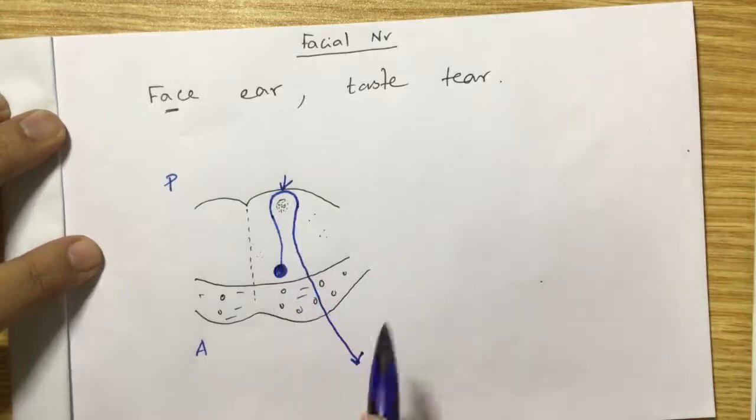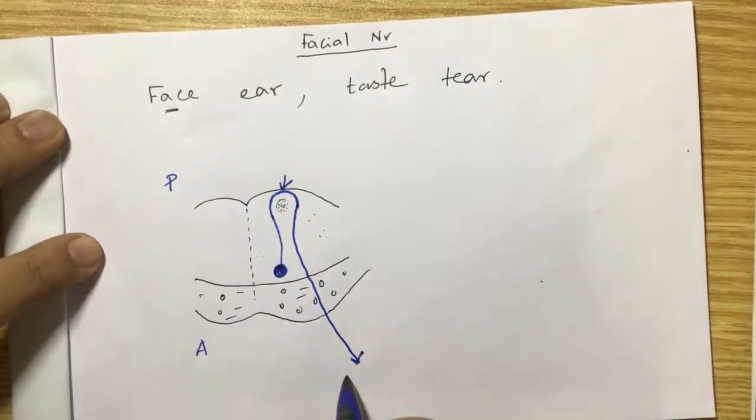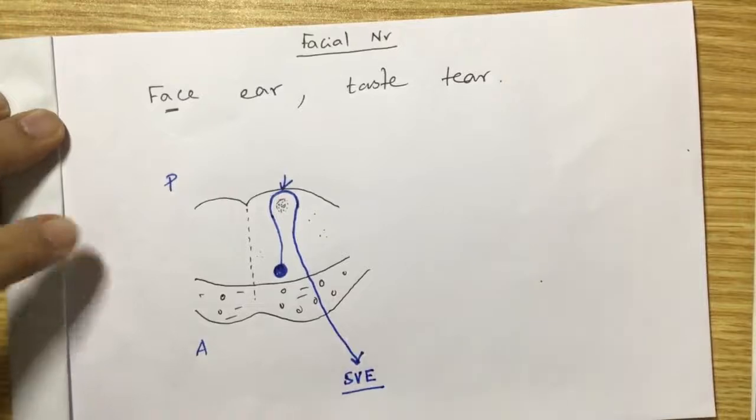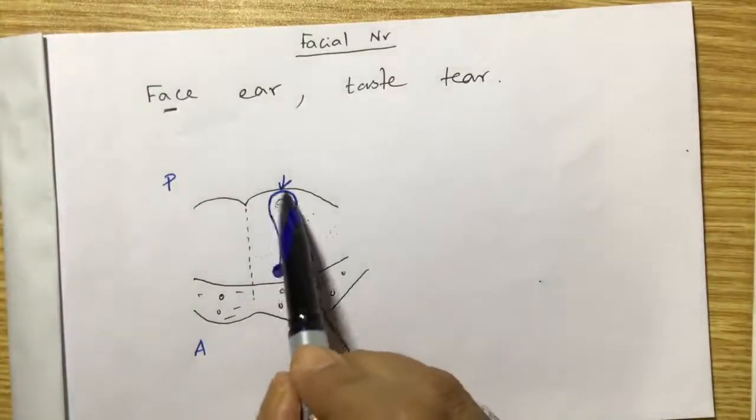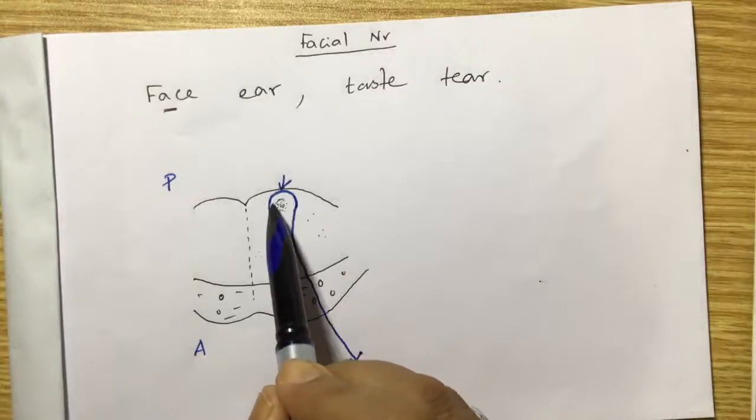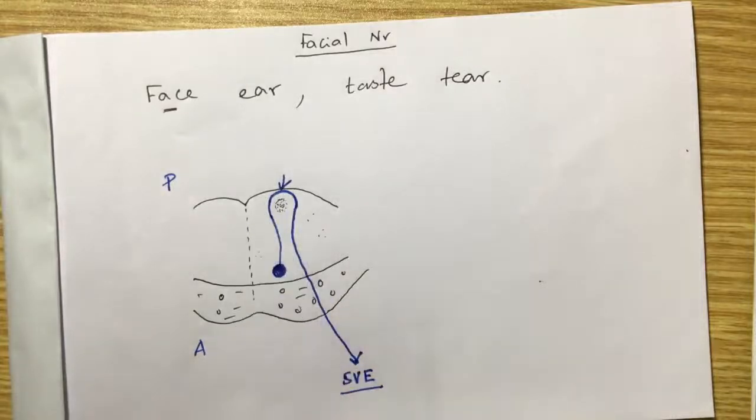So, here it is going to supply all the muscles derived from the second branchial arch. So, it is a special visceral efferent type of fiber. And this area is known as the internal genu of the facial nerve.